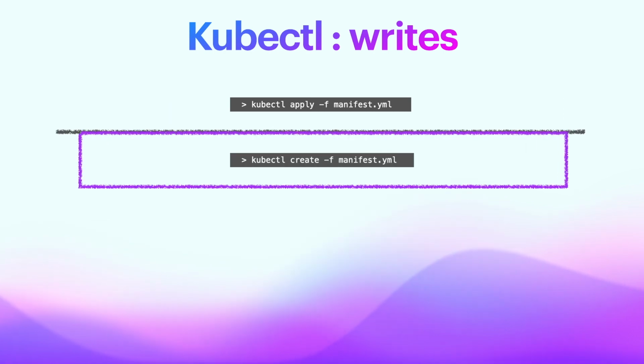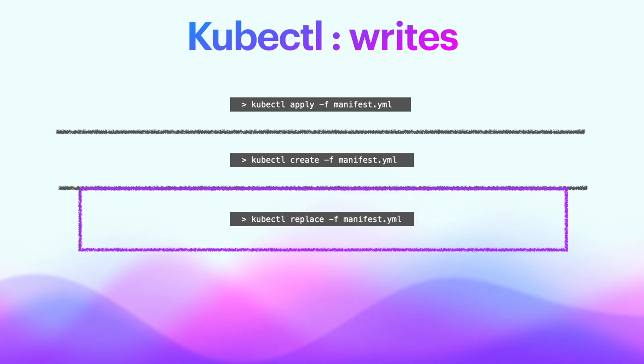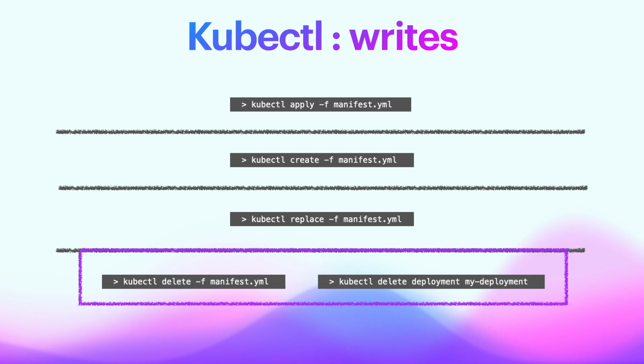You can also use kubectl create, and this will create the object that you have in the manifest file, but if that object already exists, then this command would fail. Similarly, you can do kubectl replace, and in this case, if the object does not exist, this command would fail. Otherwise, it would just replace or update the object that you have.